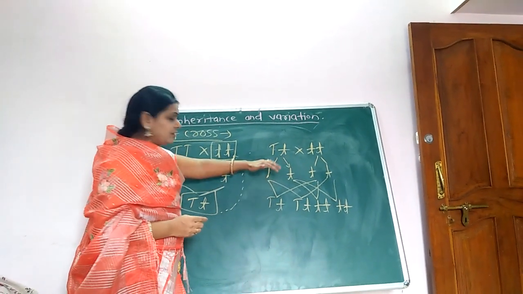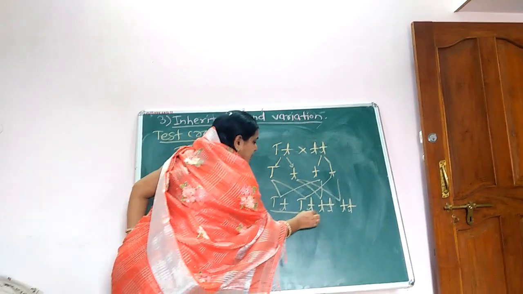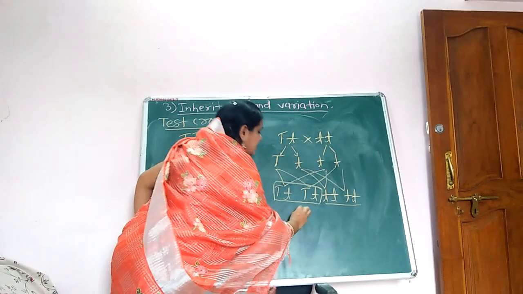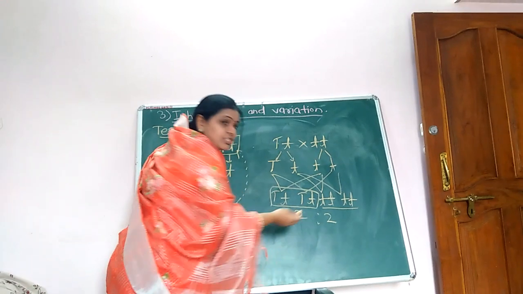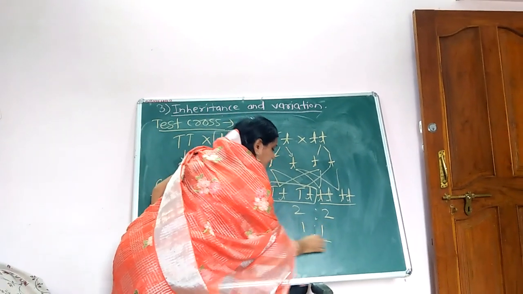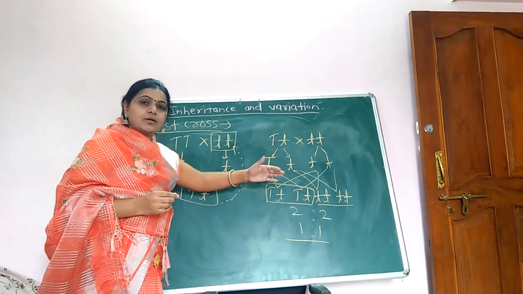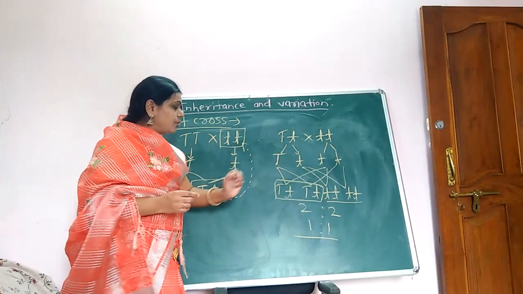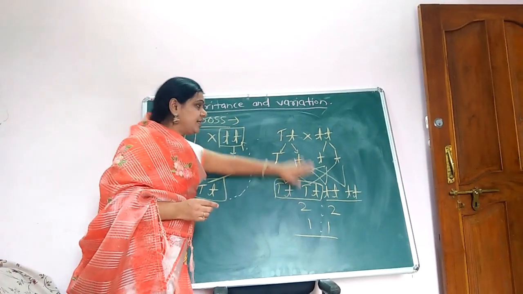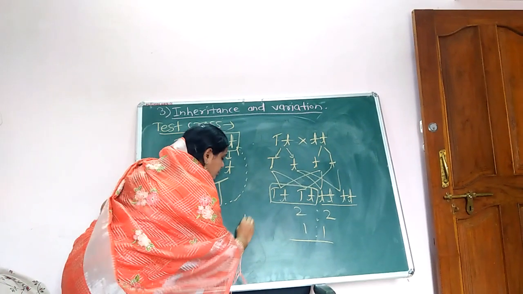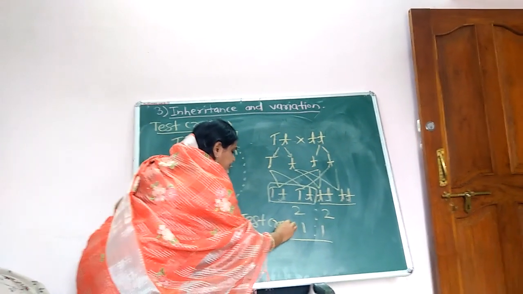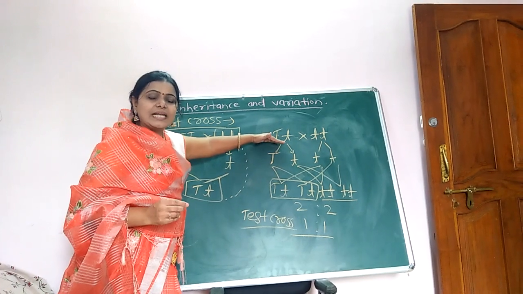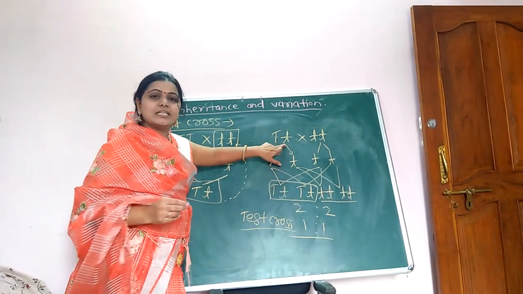Here in crossing the gametes, two types of plants are tall plants and two types of plants are dwarf plants. That means the ratio is 2:2, which is also 1:1 ratio. When hybrid or F1 generation is crossed with homozygous recessive parent, it is the test cross ratio. It indicates half of the alleles are dominant and half are recessive.